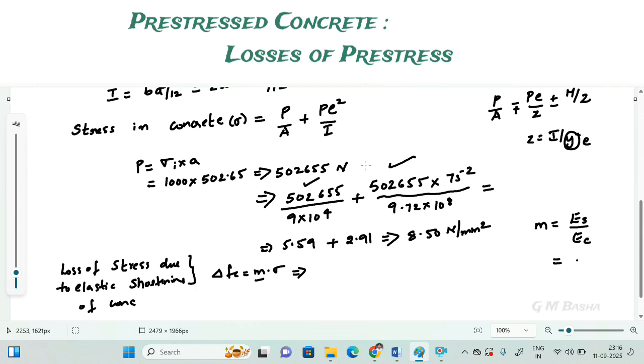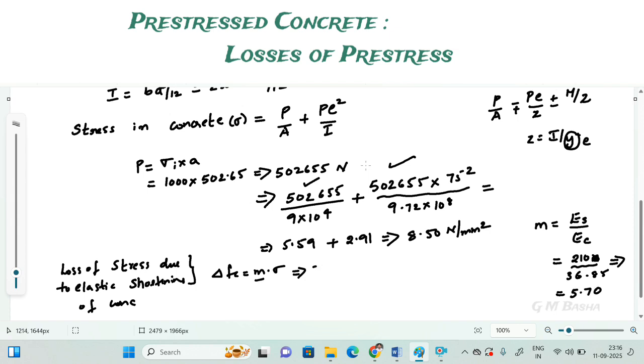Modular ratio will be given: ES is 210 kilonewton per mm square and EC is 36.85 kilonewton per mm square. Okay, so if you simplify, you will get this modular ratio as 5.70.